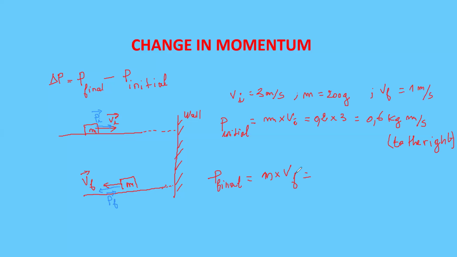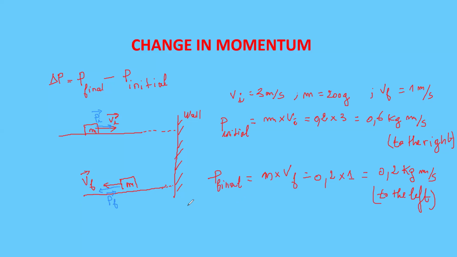So it becomes the mass 200 grams, 0.2 kilogram, multiplied by 1, and I obtain 0.2 kilogram meter per second, oriented to the left.